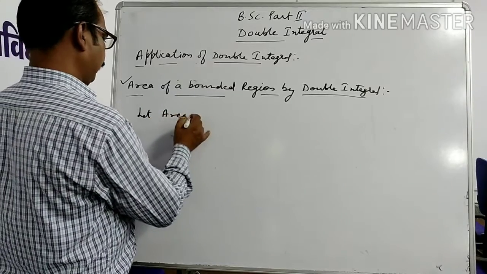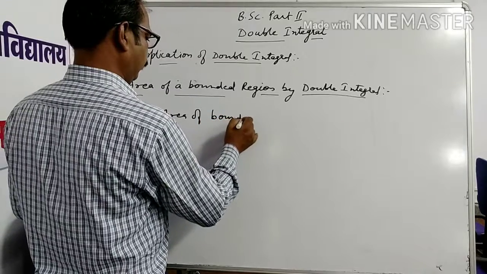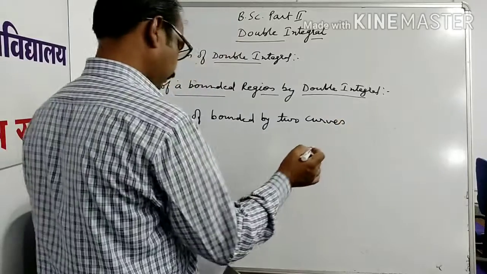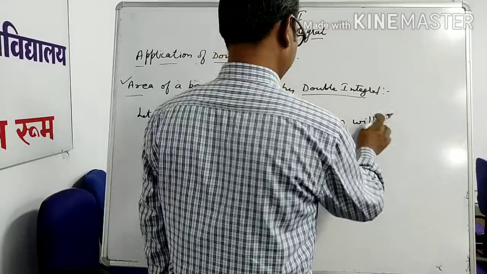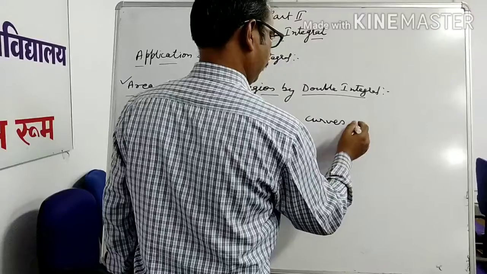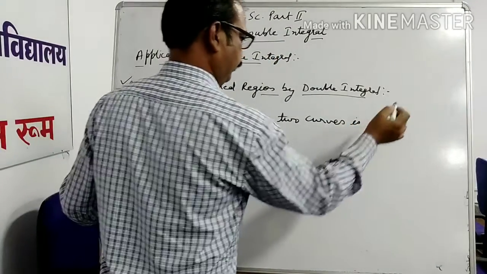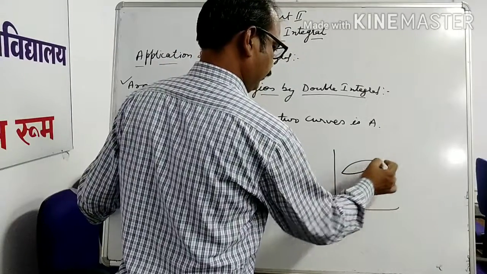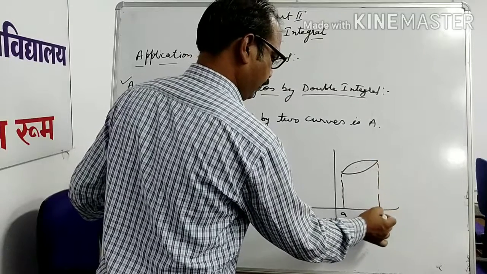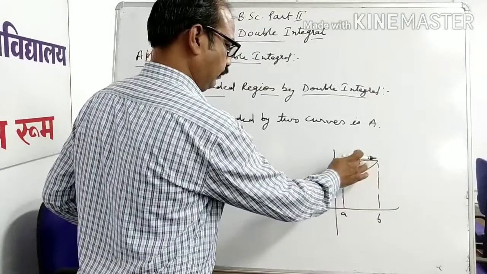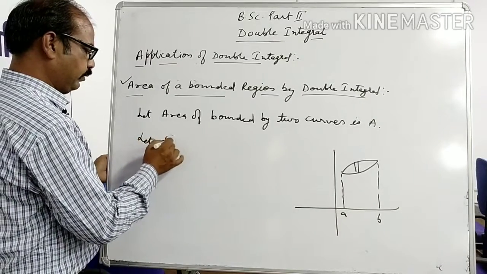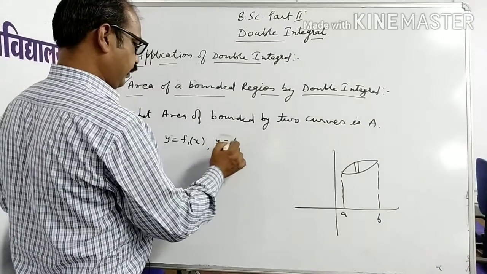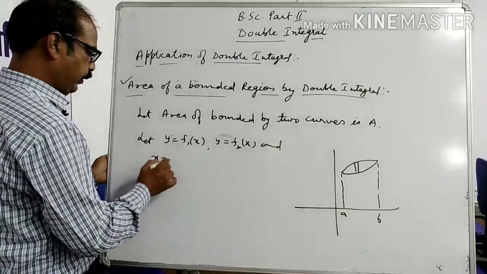the area bounded by two curves is A. To find the area bounded by two curves, between x equal to a, let the curves be y equal to f1(x) and y equal to f2(x), and x equal to a, x equal to b.